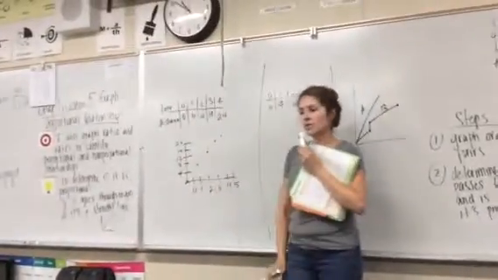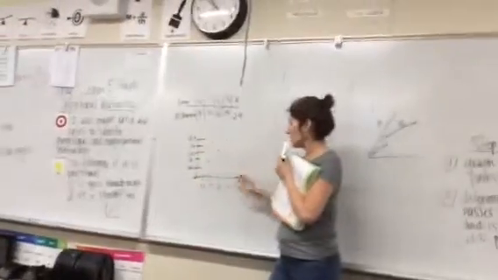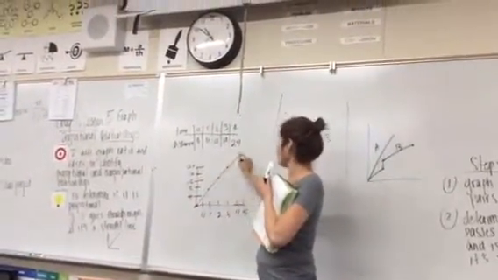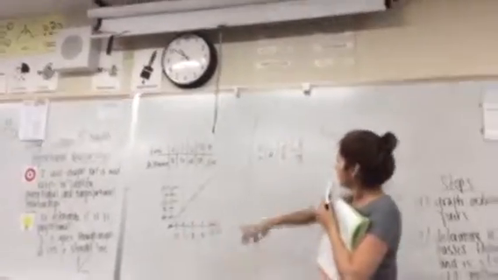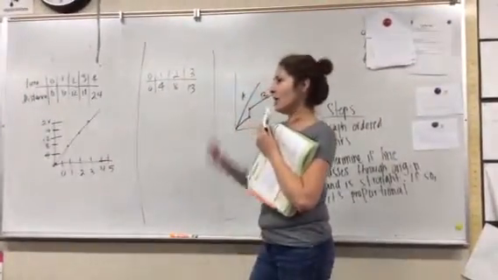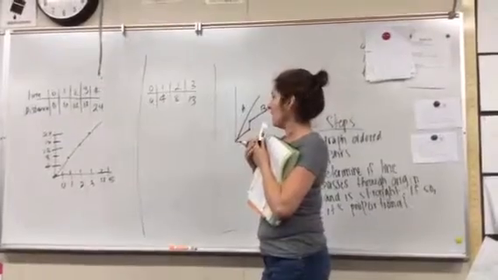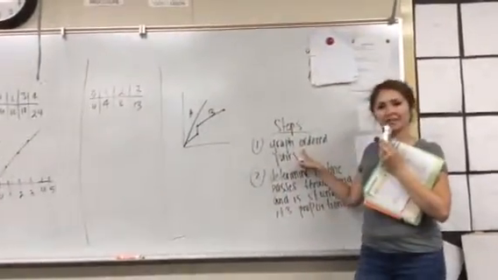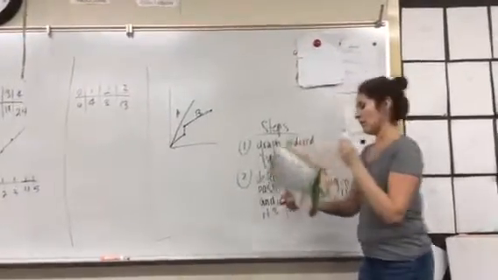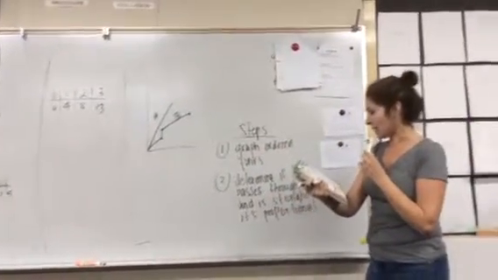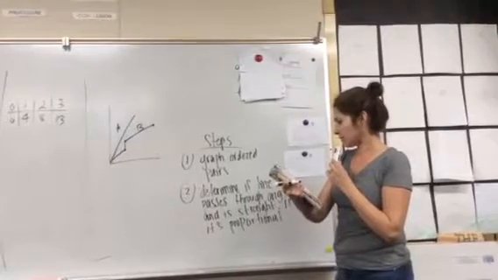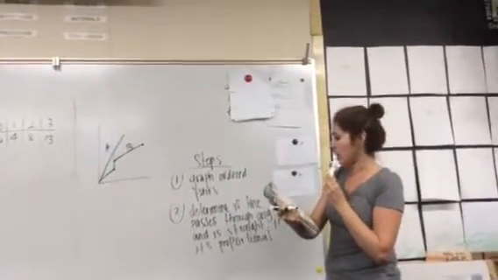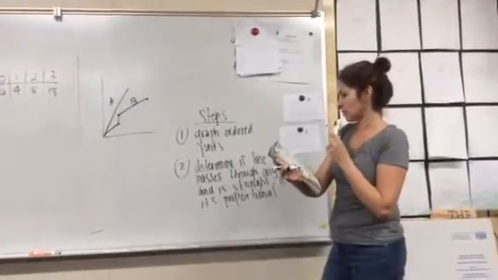Of course, I apologize that it's not perfect, but you get the gist. When I put a ruler, which I didn't do, and I go through each dot, connecting them, I am done with the first part, which says graph ordered pairs. Then the question is, let me read exactly from the book: determine whether the ordered pairs are proportional.